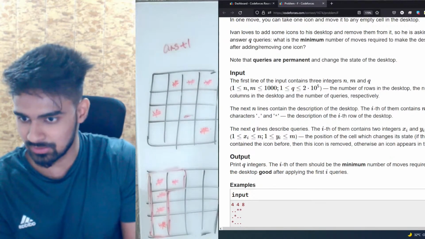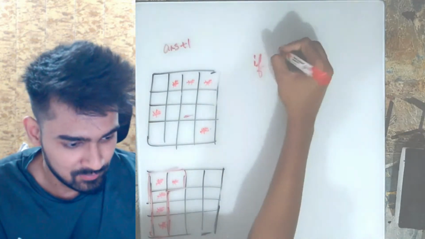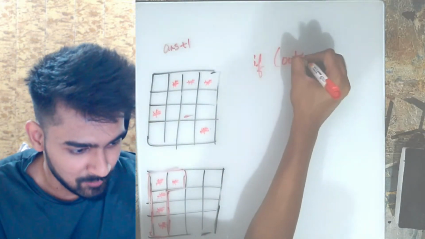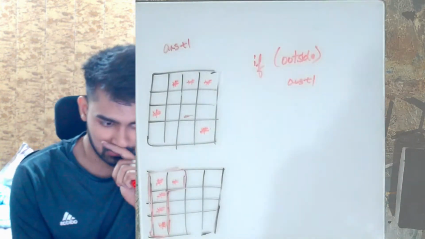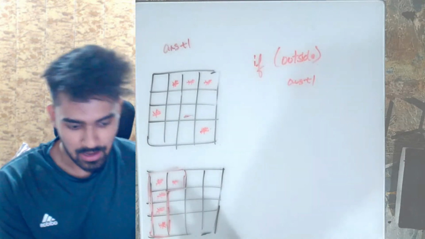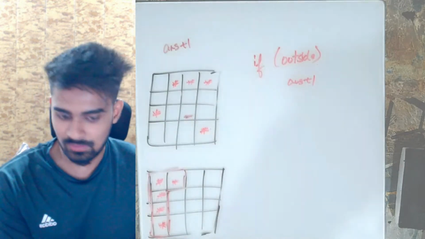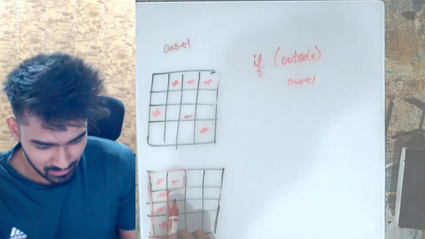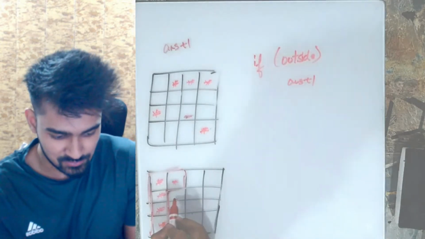Let me remove the screen. Okay, if the value was outside, then answer becomes +1. Since it is outside, this value will actually come at this index. What if this index was already filled?